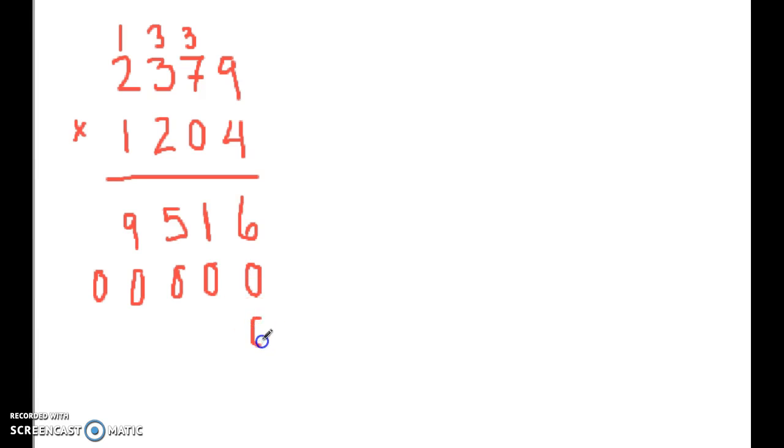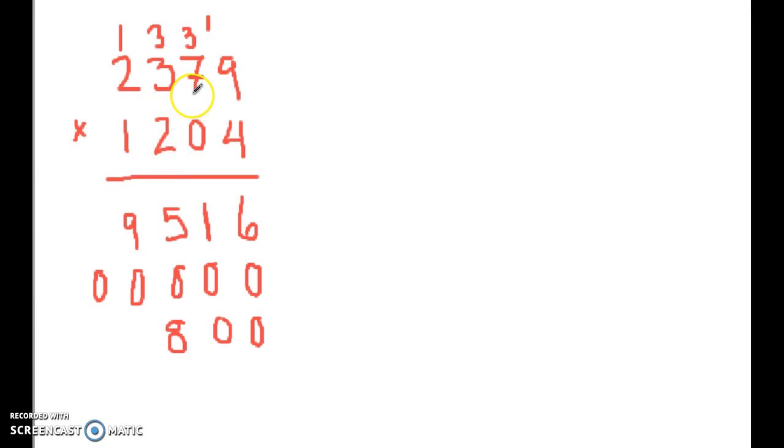So we need to have 2 zeros here for placeholders to acknowledge that we're multiplying from our hundreds place. So 2 times 9 is 18, but this is really 200 times 9, so it's 1,800. So we're going to drop our 8 into the hundreds place, and we're going to carry our 1. So now we're going to move on and multiply 2 by our 7, which is really 200 times 70.